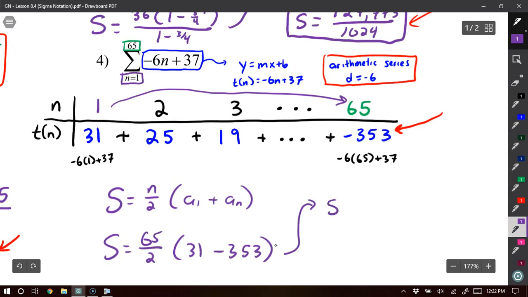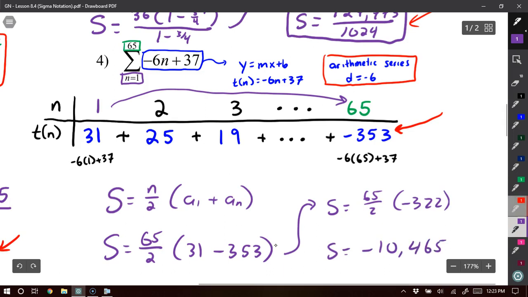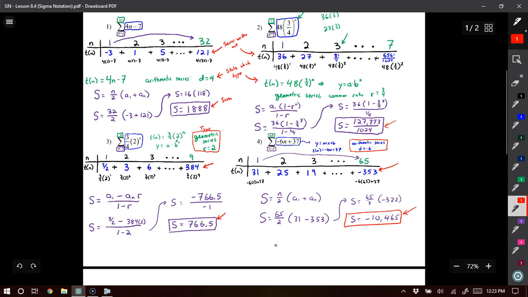So that's going to give me 65 over 2 times -322, which is -10,465. And that is the sum of the arithmetic series. I answered the third part of the prompt. So that's really the structure on it.